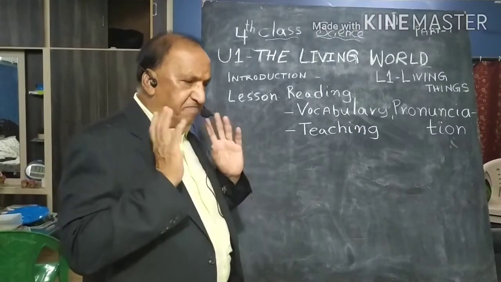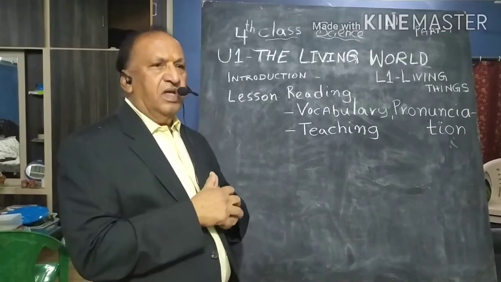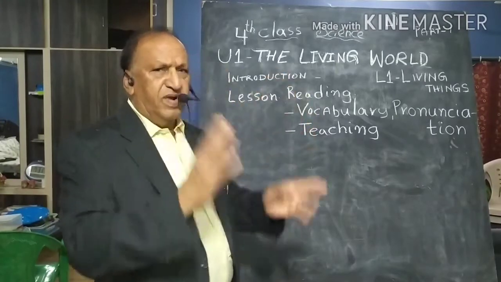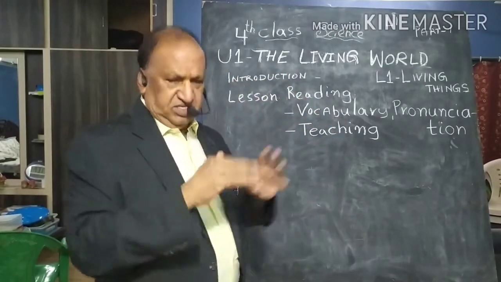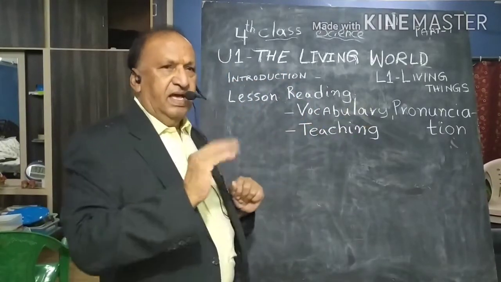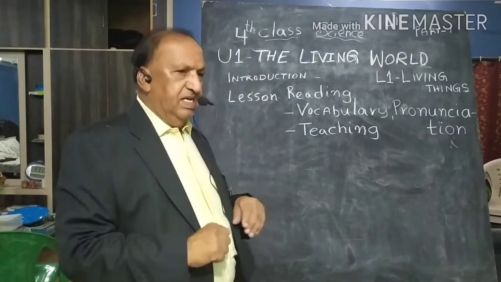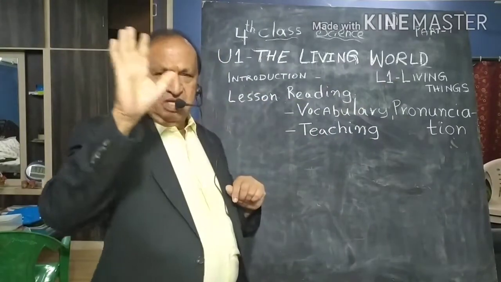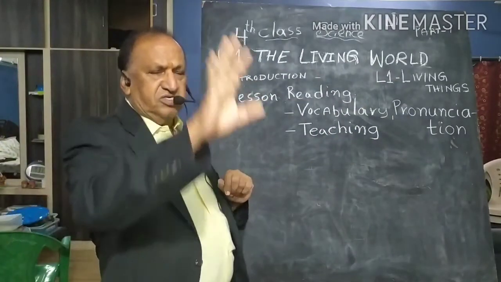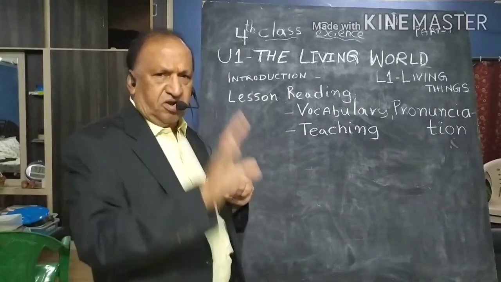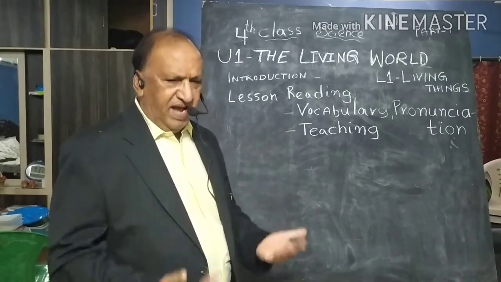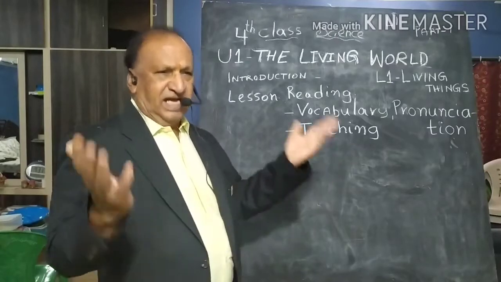So, I gave you a brief outline: when you think of things, there are two broad categories, living and non-living. In the non-living, we have natural and man-made. Natural things like hills, rivers, rocks. Man-made like chairs, tables, pens, buildings.